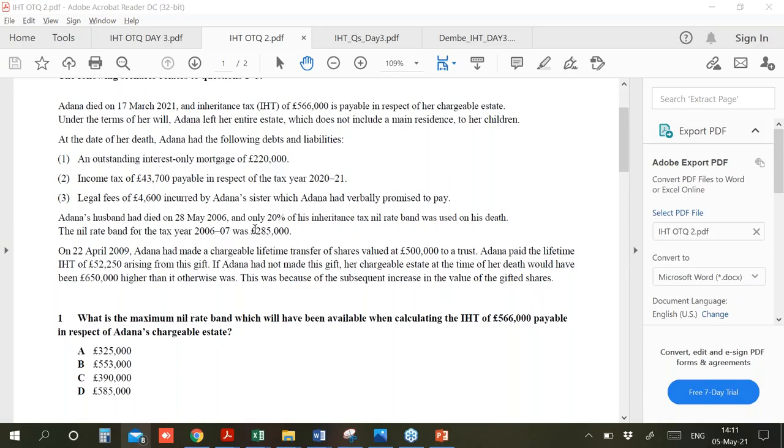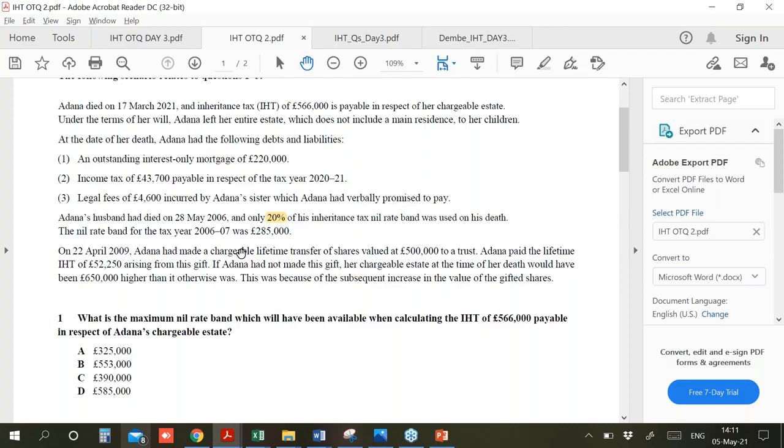Even if they had given me only the amount and not the percentage, I would have calculated the percentage myself, because the only thing relevant here is the percentage. How much nil rate band the spouse that has died has used, and how much percent of the band he has left, is what matters.